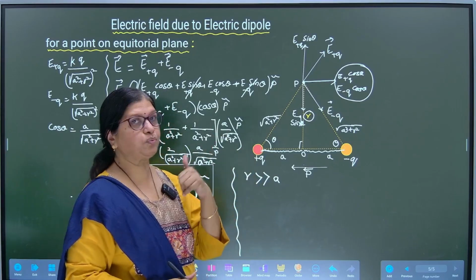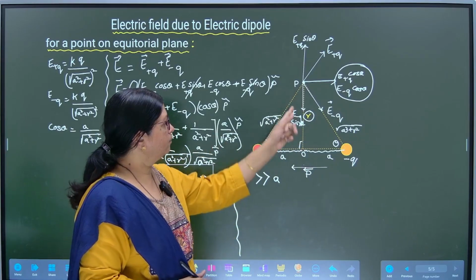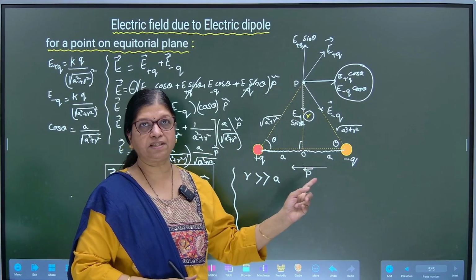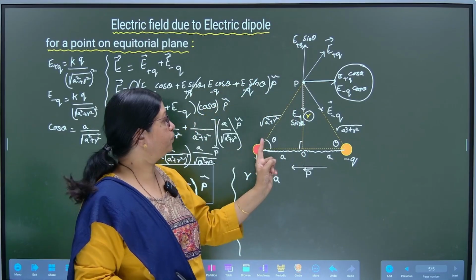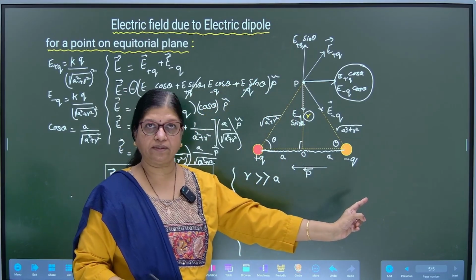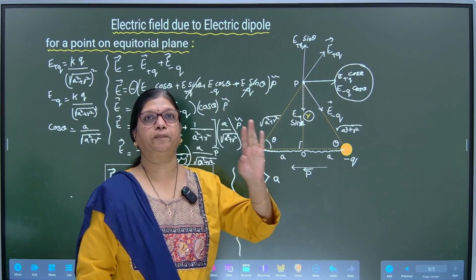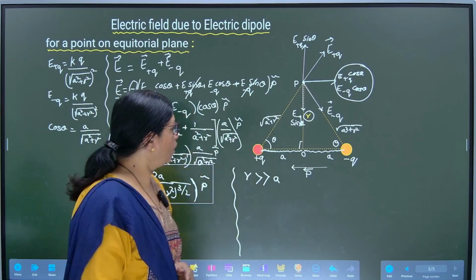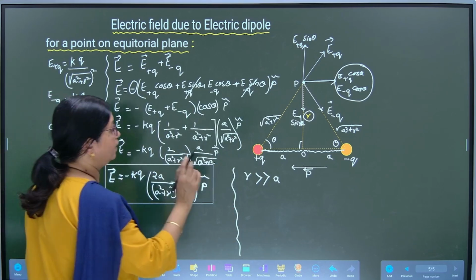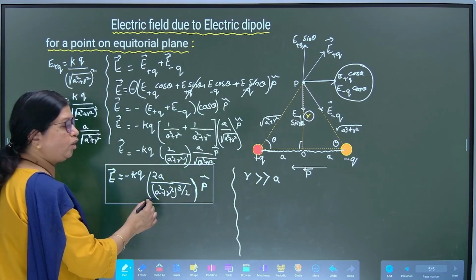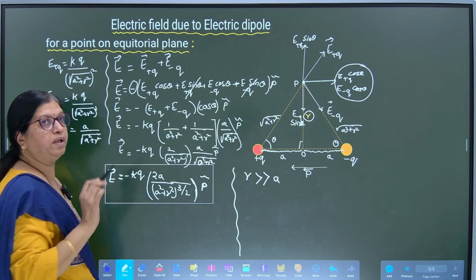That the point which we have chosen, which is at a distance R from the center of the dipole, is very far compared to the size of the electric dipole itself, which is 2A or A. Fine. So let us substitute this condition here such that we neglect A in the denominator, not in the numerator.